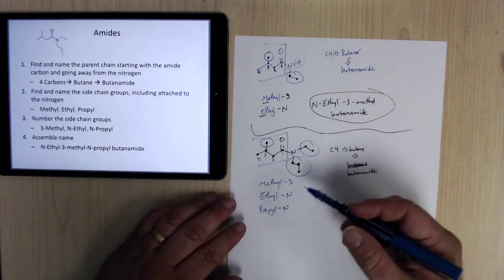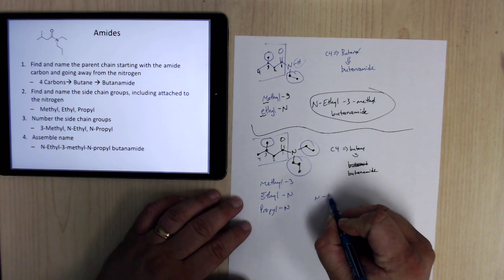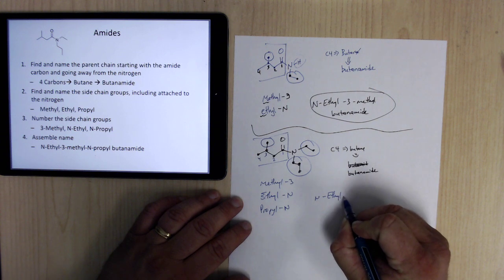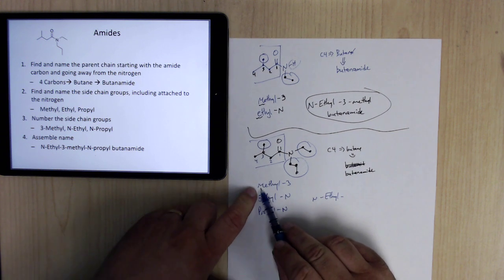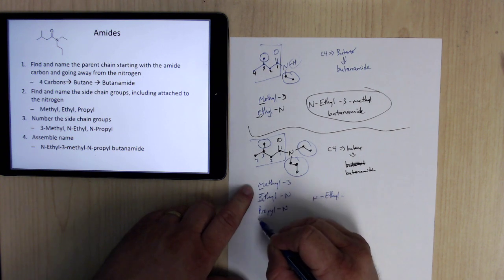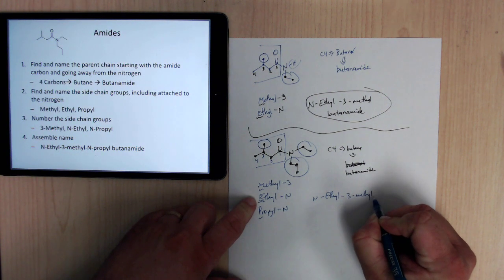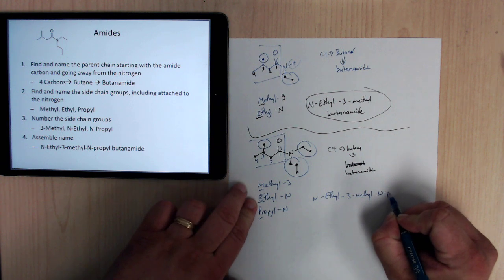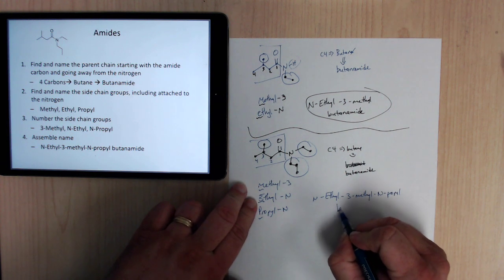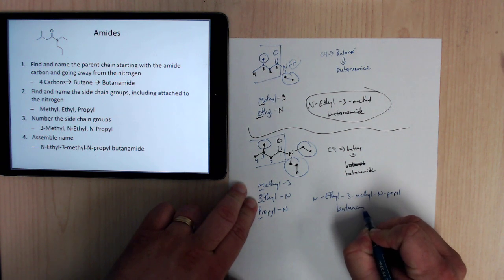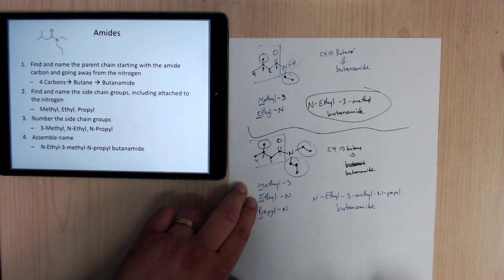So you put it in alphabetical order: it'd be N-ethyl, and then the next one up is the methyl, because it's ethyl, methyl, propyl. So 3-methyl, N-propyl, butanamide. So there you go.